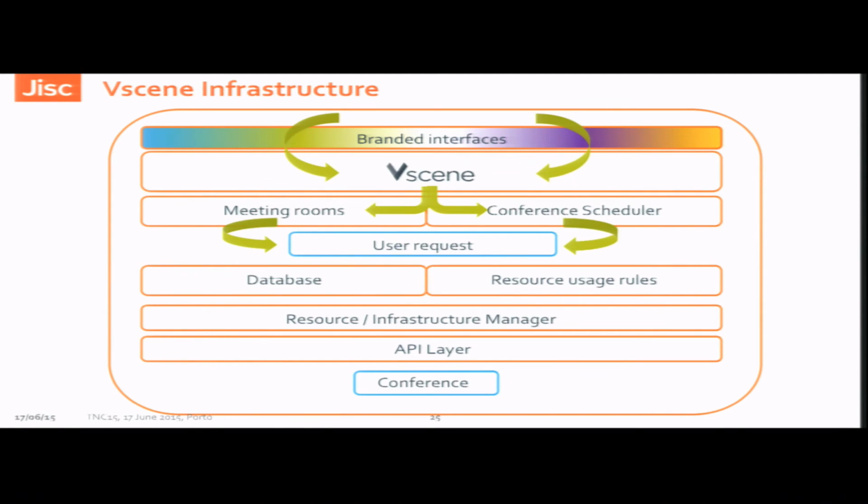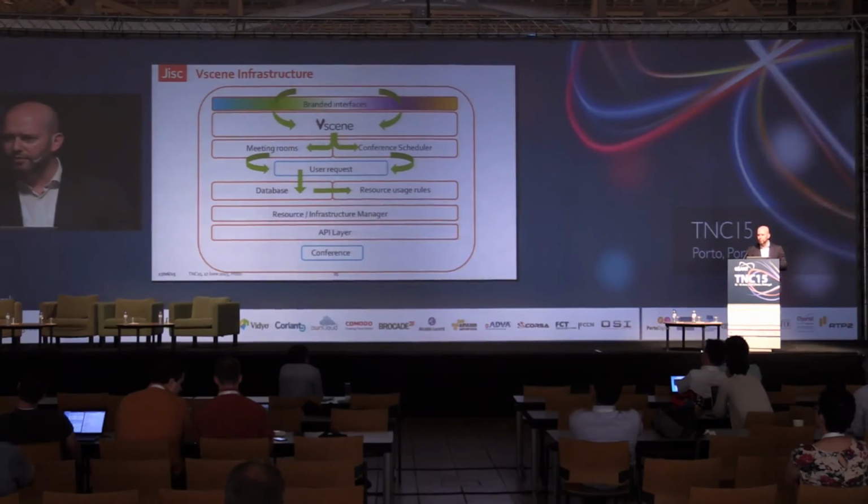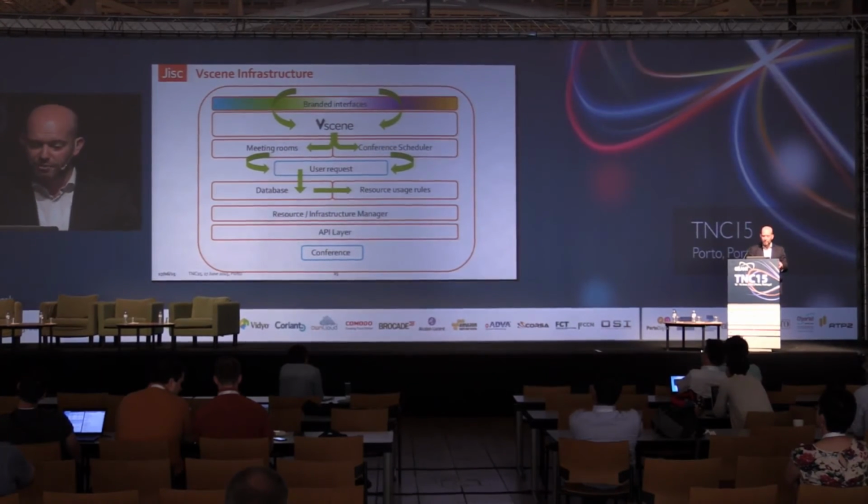And they then decide what they exactly want to do and form that into their request, their action for vScene to deliver. vScene then looks into the database and works out, okay, who are these people I'm supposed to be connecting? Do we have video systems for them? What type of system is that? Has it been tested recently? And it then applies the resource usage rules, so we know that the correct resources and infrastructure is being used for that particular user.